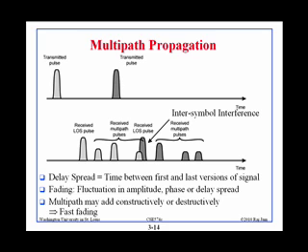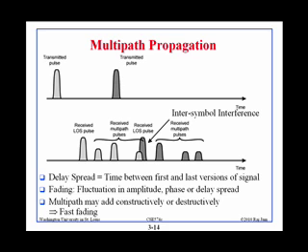So the multipath can be constructive or destructive, and that can cause randomness. That change in the amplitude because of these multiple copies is called fast fading.